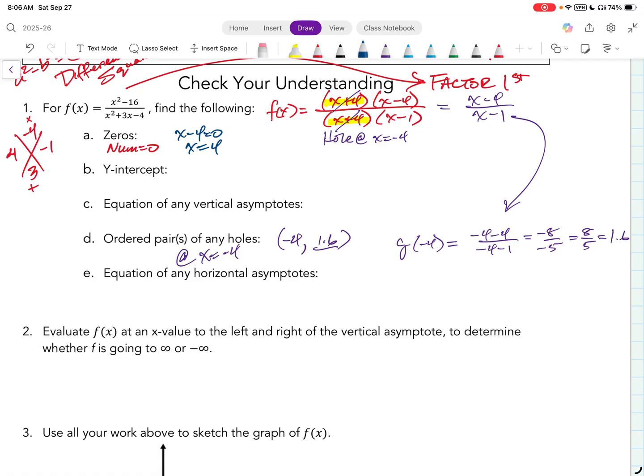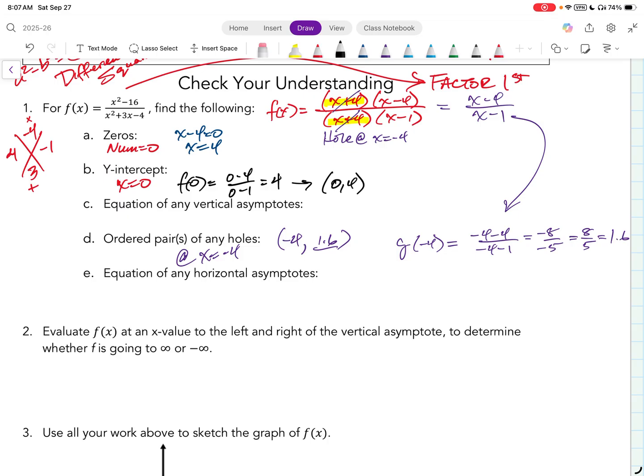And then for the y-intercept, you set x equal to 0 and solve, so you evaluate the function. So f of 0, what is that? Well, what's 0 minus 4 divided by 0 minus 1? That's got to be 4. So I have a y-intercept at 0 comma 4.